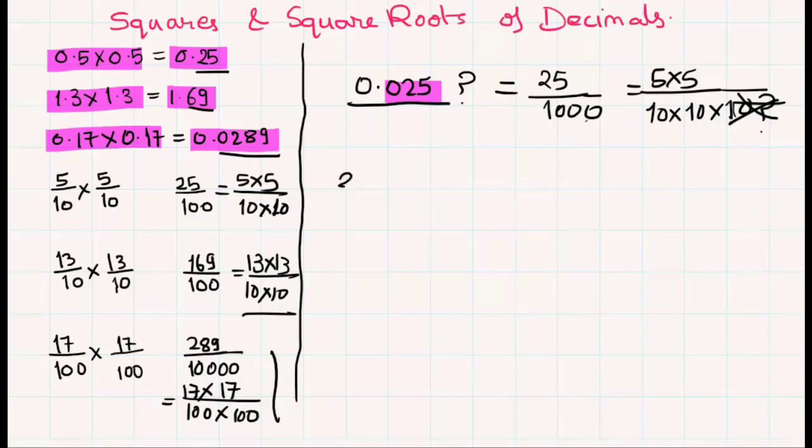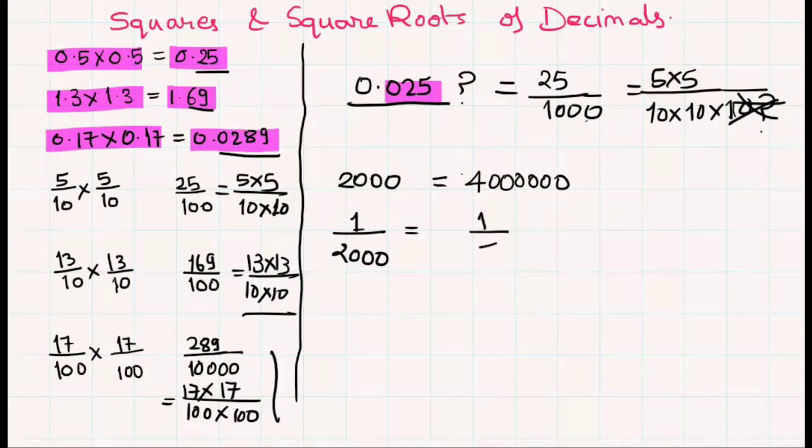Now let's see, I have this number here. I'm taking this number because it's easier to calculate the square. This is 2000. I have to find out the square of 2000. So it is 4, 1, 2, 3, 1, 2, 3. If I have to find out the square of 1 by 2000, what will be the answer? 1 by 4 into 1 by 1, 2, 3, 1, 2, 3.